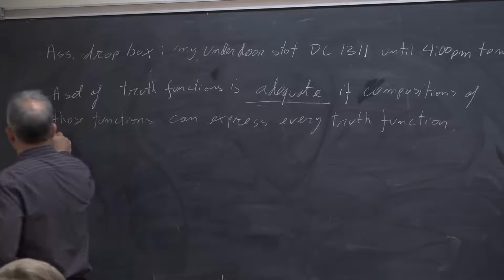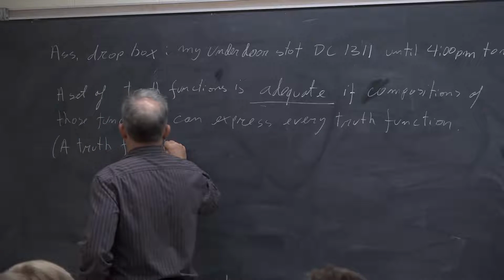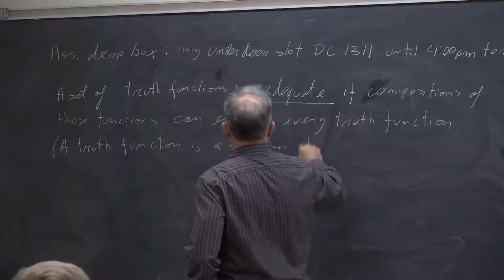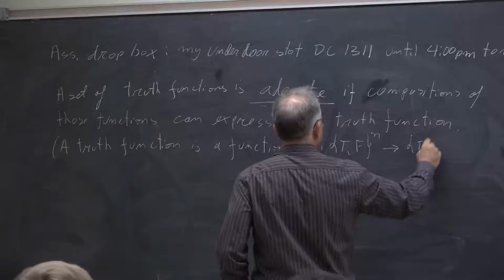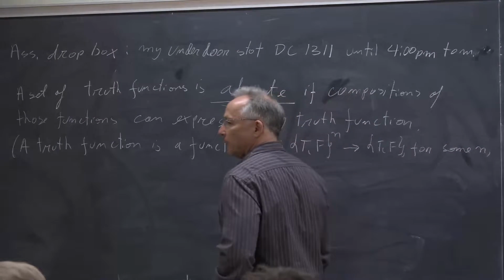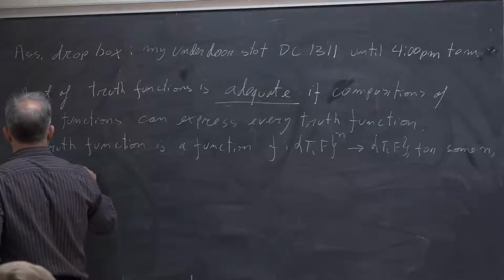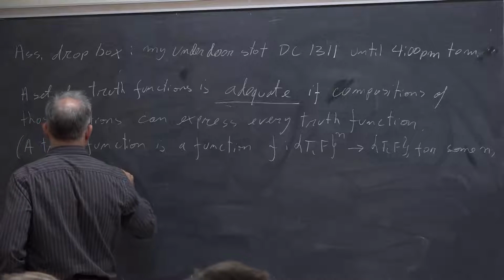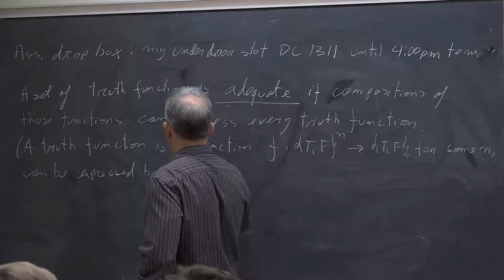And just to recall, a truth function is a function f that goes from TF to the power n to TF for some n, and can be expressed by a truth table.